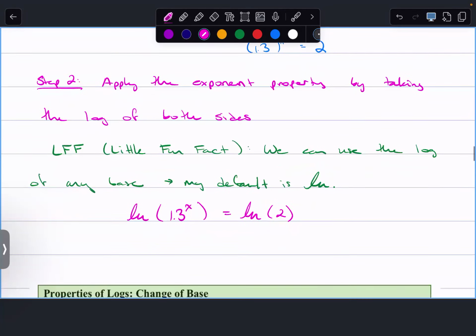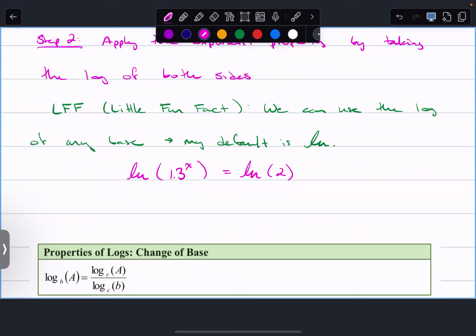But the reason we took this log is that now I can rewrite this as x times the natural log of 1.3, which again is just a number. So now I have x times the natural log of 1.3 is the natural log of 2.